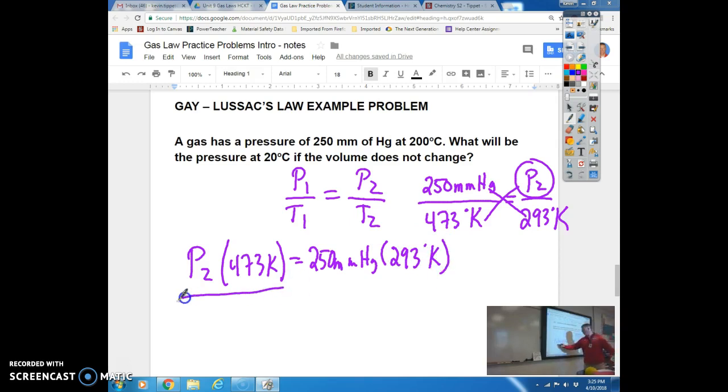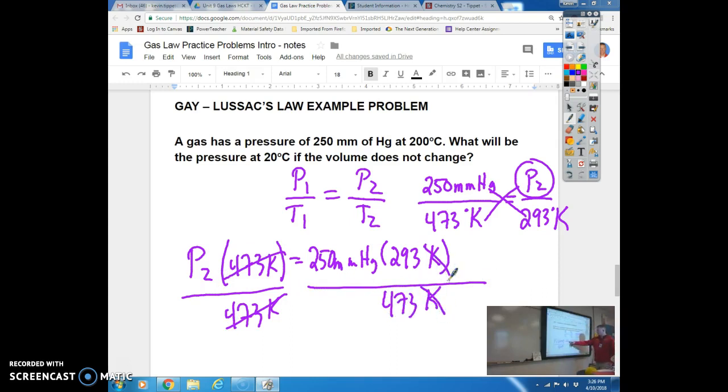Let's isolate for P2. 473 Kelvin cancels out. Do the same thing to both sides. 250 times 293 divided by 473, we should come up with an answer of about 154.9 millimeters of mercury for our pressure. We go along with it, temperature decrease, so did our pressure.